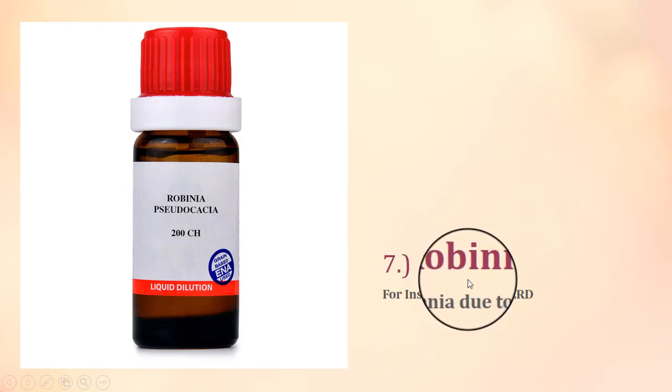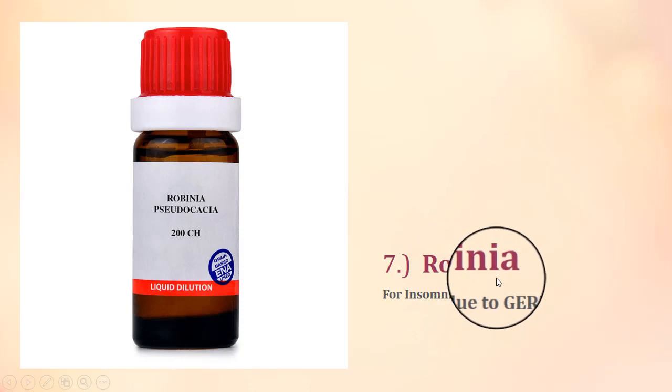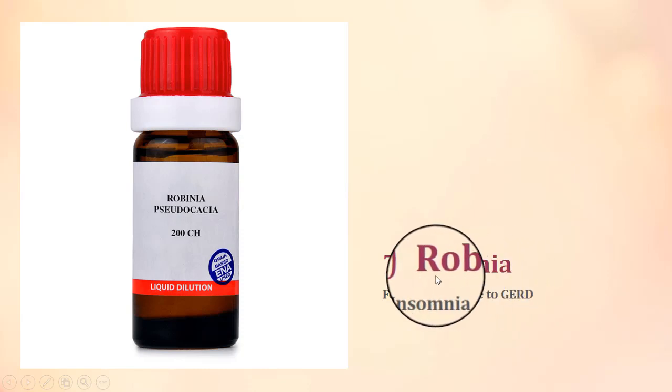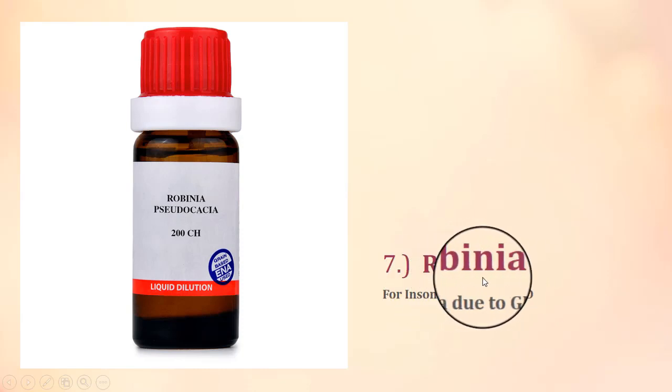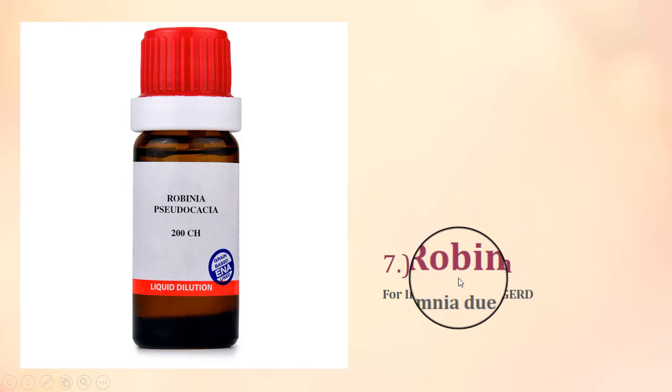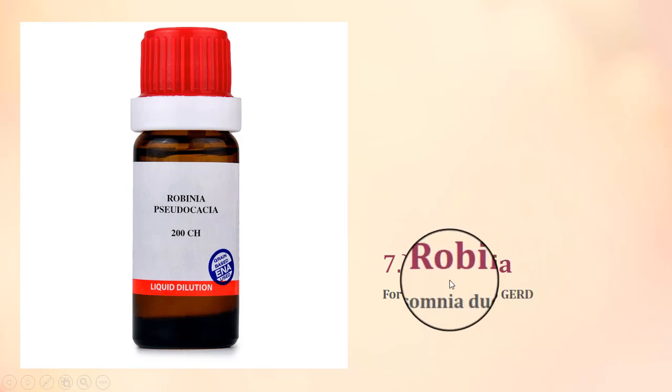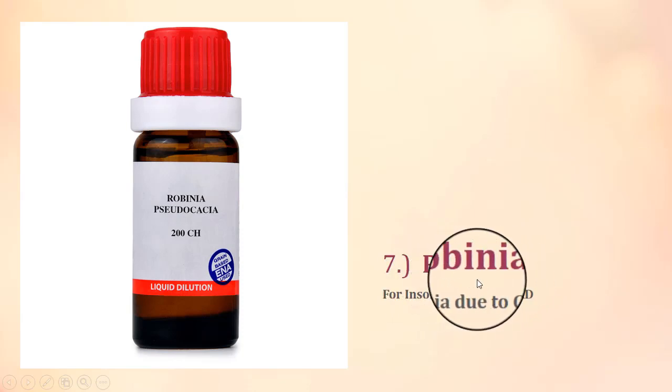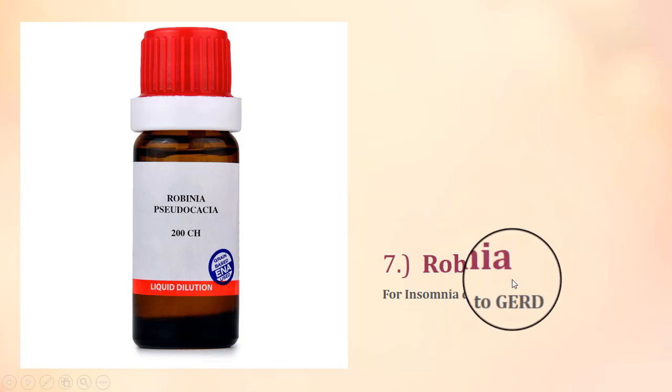is Leguminosae. A person needing Robinia suffers from GERD and experiences worsening of the symptoms at night, which disturbs the sleep. Symptoms like heartburn and sour belching become worse at night, disturbing the sleep.